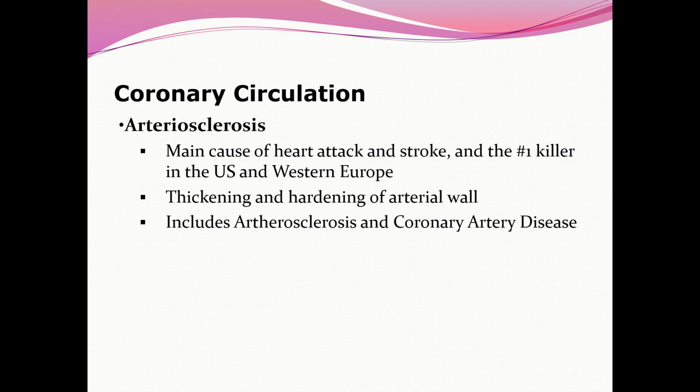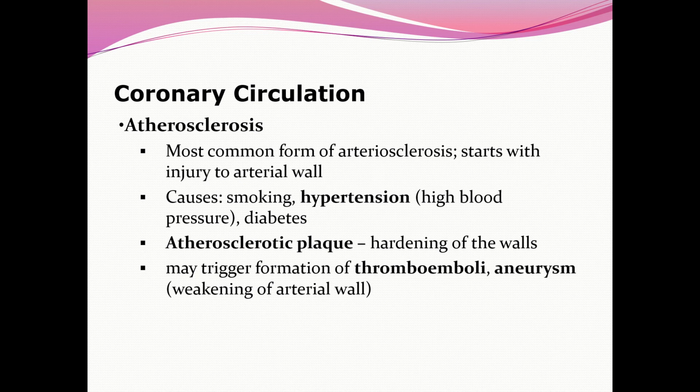Arteriosclerosis includes atherosclerosis as well as coronary artery disease. Atherosclerosis is the most common form of arteriosclerosis. It starts with injury to the arterial wall. Injury can occur through smoking, hypertension, which is high blood pressure, and diabetes.